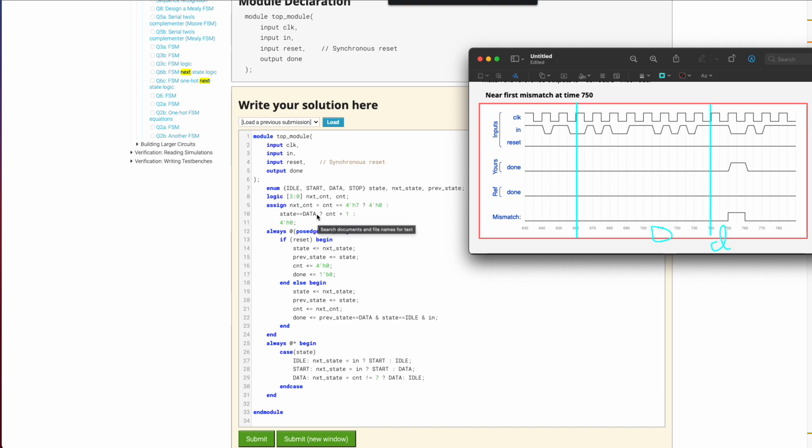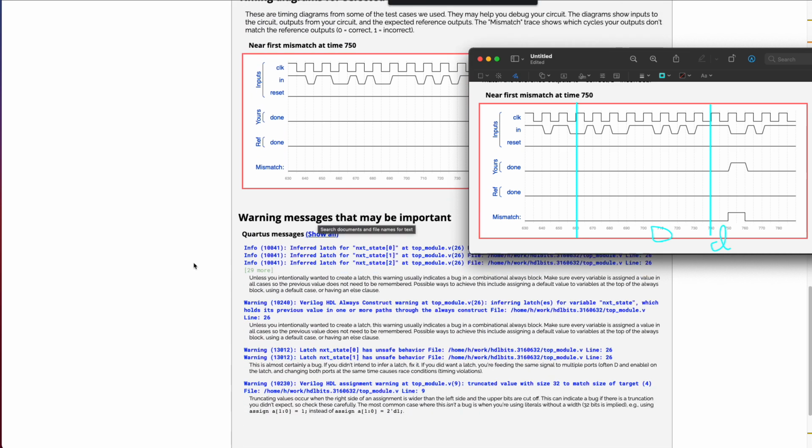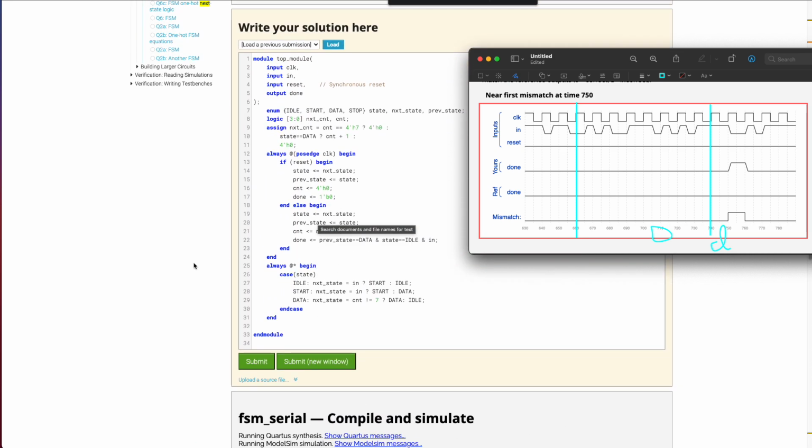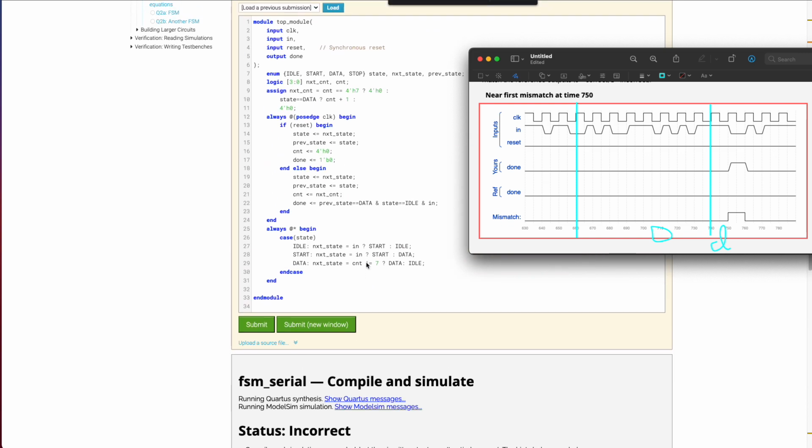And we know this because if state is not data, unless next count is, nope, it's just next state. Unless this next state latch screws up everything, and we're at the completely wrong.